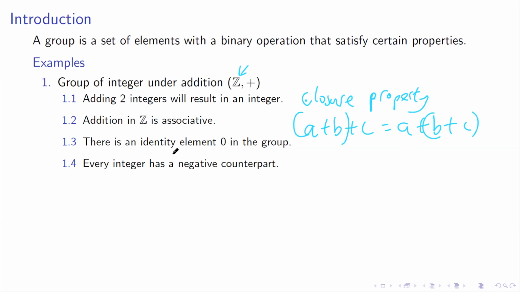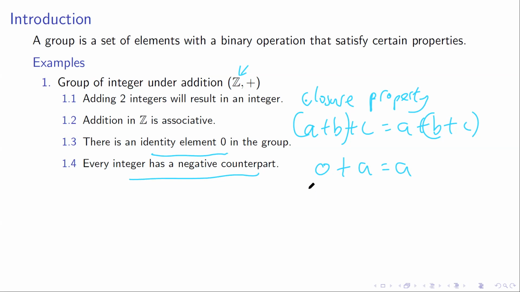And there's also the identity element in the group. The identity element is 0, and for any integer you add it to, you always get back the integer. So if I have an integer A and I add A to 0, I'll always get back the integer A. This is the identity element. And every integer also has a negative counterpart, which is some kind of inverse.